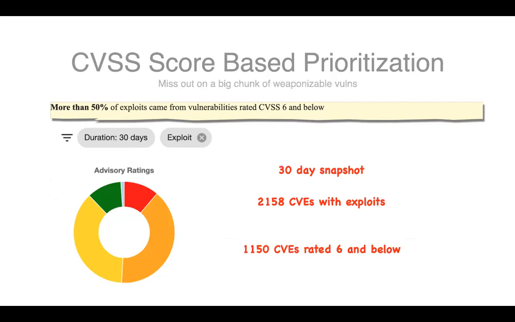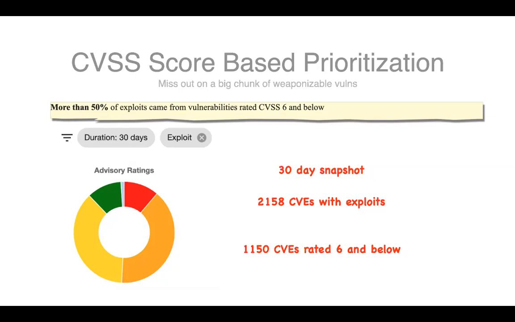So this is that headline that we have here, 30-day snapshot. There are 2,158 CVEs with exploit, and again, a CVE is just a serial number for that vulnerability. They have exploits, meaning it's easy for somebody to come in and attack you with it. And then lastly, a little over 1,100 CVEs are rated 6 and below. So that's a big population that most folks aren't paying attention to.